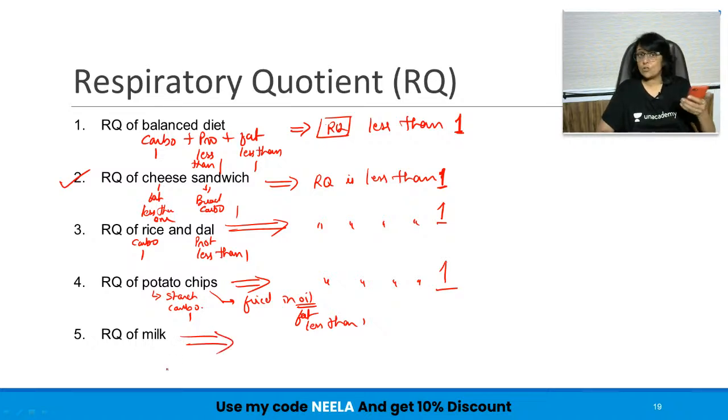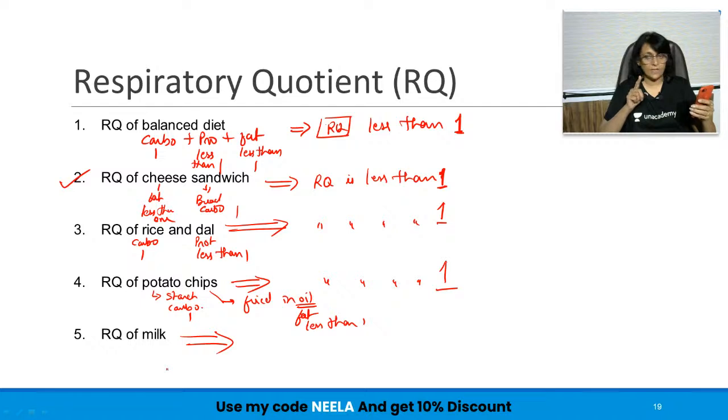If you take a glass of milk without adding sugar into it, nothing added, pure milk. If you take one glass of milk without adding anything into it, no sugar, no Bournvita, nothing, just pure milk, what will be the RQ?